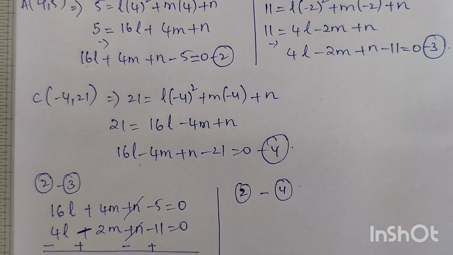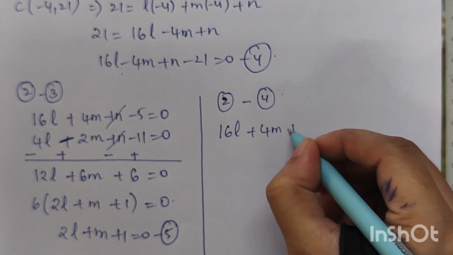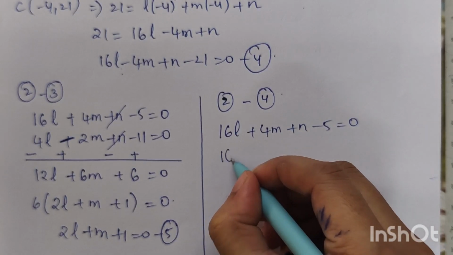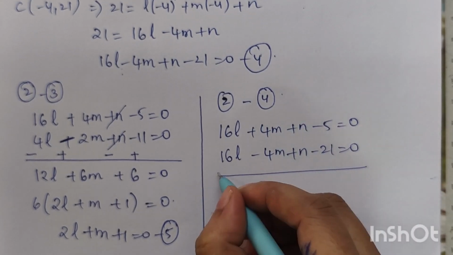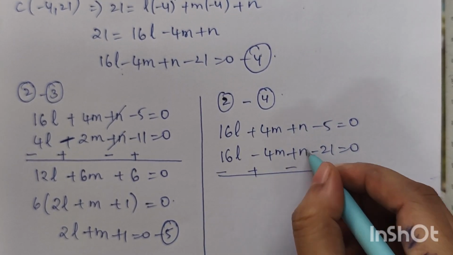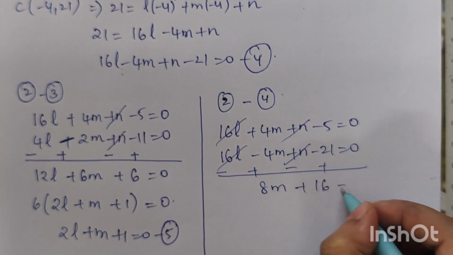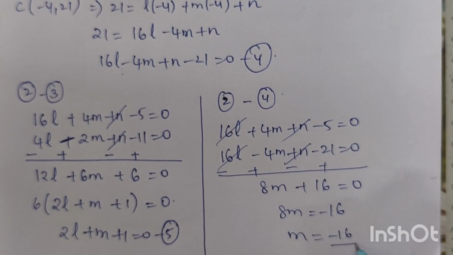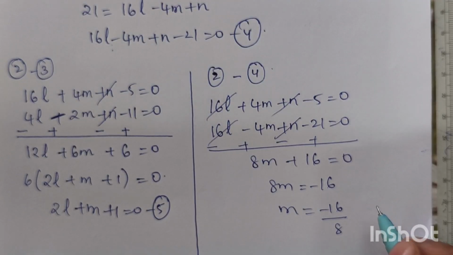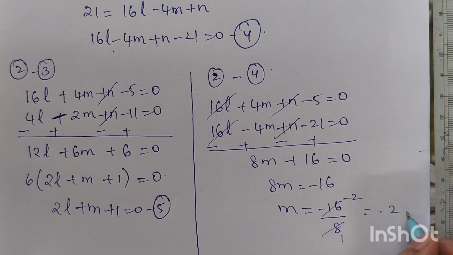It is 16l plus 4m plus n minus 5 equals 0, and 16l minus 4m plus n minus 21 equals 0. Changing the sign, the rest gets eliminated, so it is 8m plus 16 equals 0. So 8m equals minus 16, m equals minus 16 by 8, which is minus 2. So the m value is minus 2.